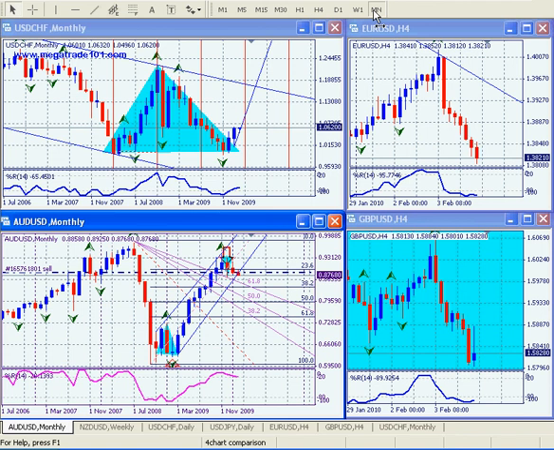Comparing it now with the Australian dollar on a monthly basis, this indication now would already show that the spike formation plus the candlestick where it shows a hammer with a down movement already signaled a down trend is in the making.